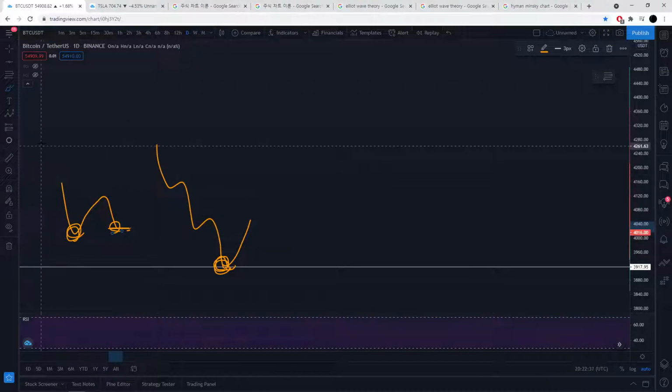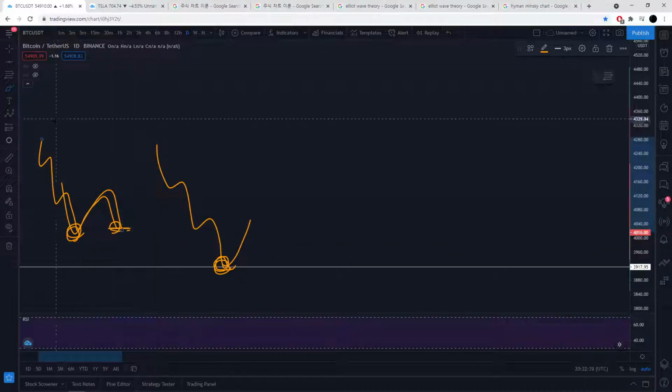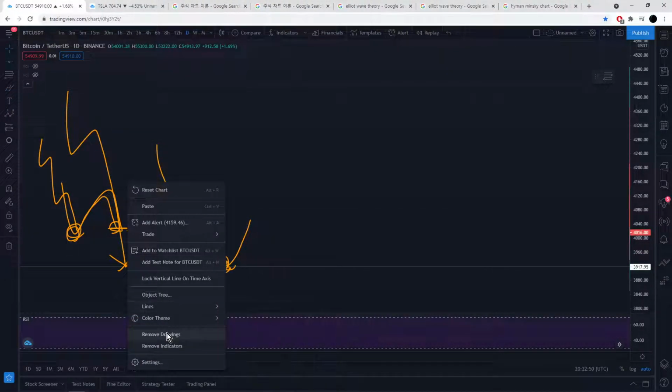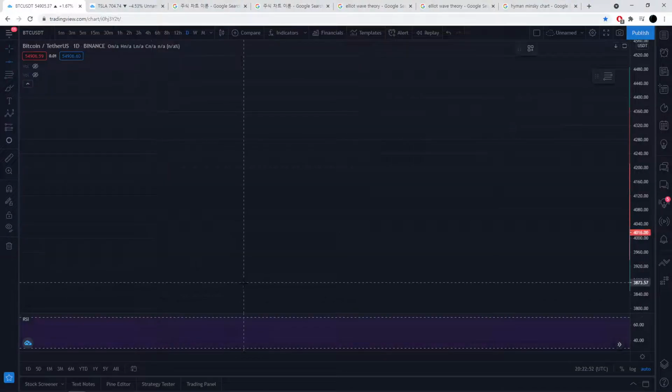So this could have been 1, 2, 3, 4, and 5, an irregular pattern. We have to start counting from here and not here. I will talk about that later in the advanced videos.